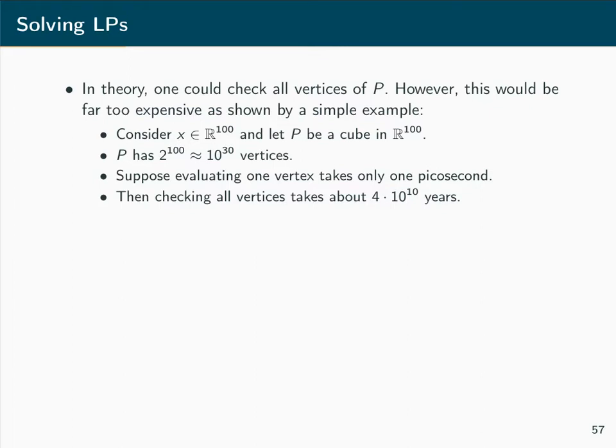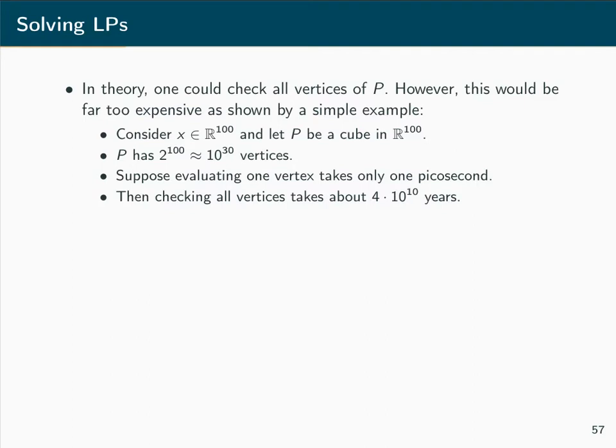If x is a 100-dimensional vector and the feasible set P is just a hypercube in R100, then P has 2 to the 100 vertices, which is approximately 10 to the 30 vertices.